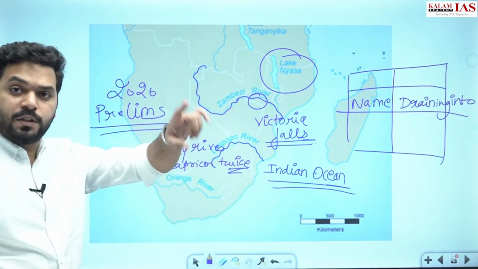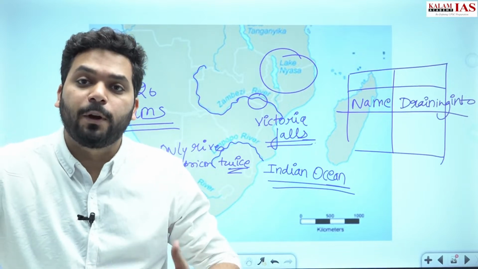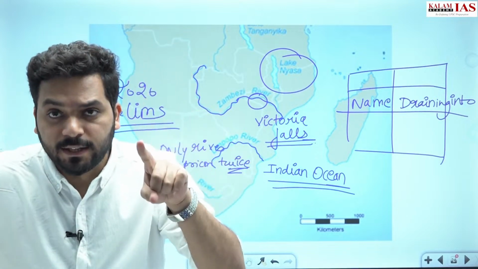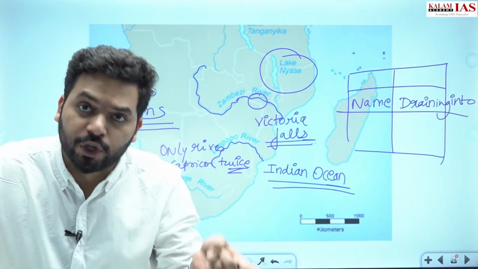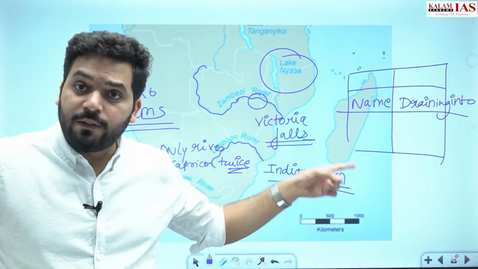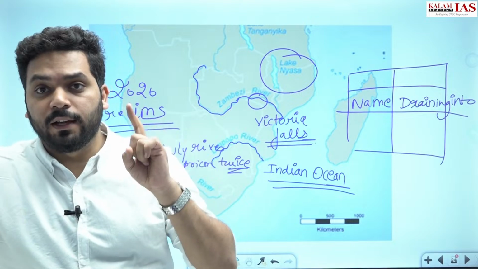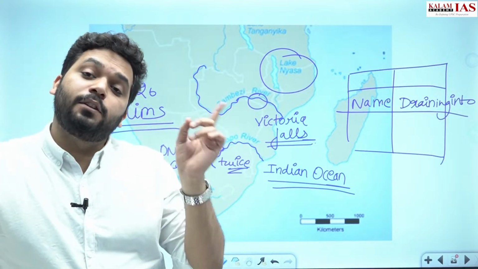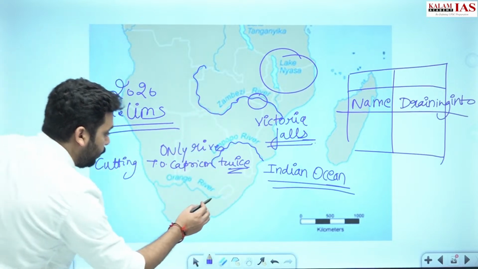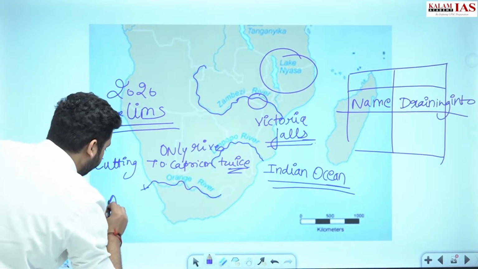We have seen Congo, which was crossing the equator twice, and now the river Limpopo, which is crossing the Tropic of Capricorn twice. Nile drains into the Mediterranean Sea, Congo and Niger into the Atlantic Ocean, Zambezi into the Indian Ocean, and Limpopo, which crosses the Tropic of Capricorn twice, also into the Indian Ocean. Now we have river Orange. Keep in mind, river Orange is draining into the Atlantic Ocean.